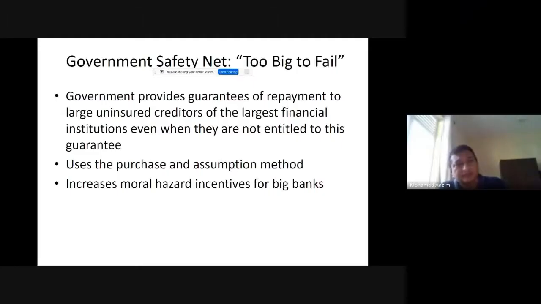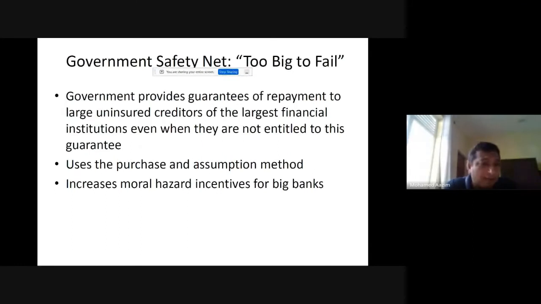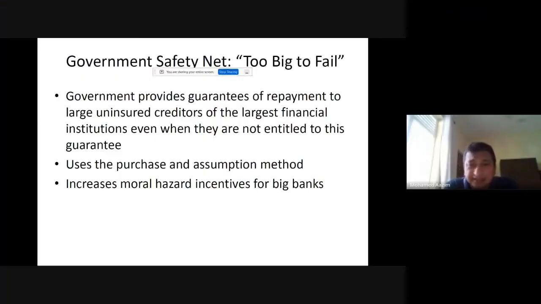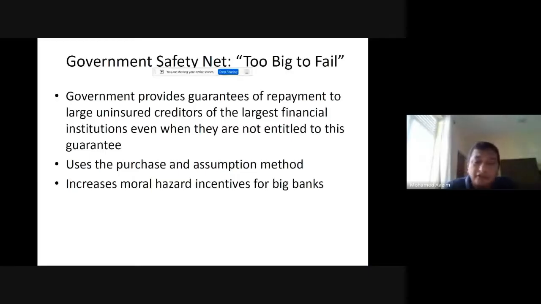So the FDIC that you looked at has the payoff method and the purchase and assumption method; often they use the purchase and assumption method, reorganizing these agencies in the form of arrangements with collaboration, joint ventures. But unfortunately, this pays incentives for big financial intermediaries to have more and more moral hazard possibilities.